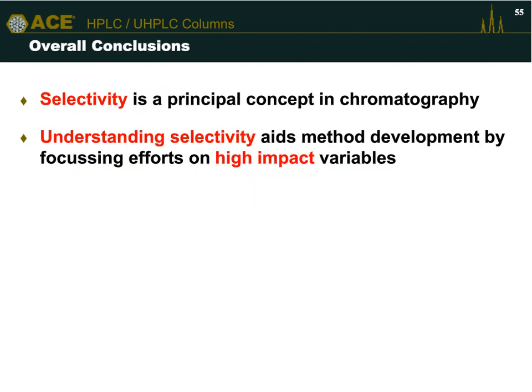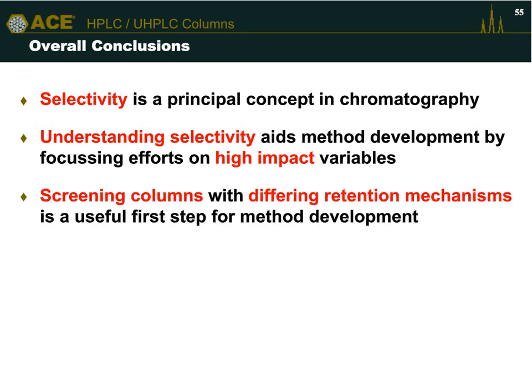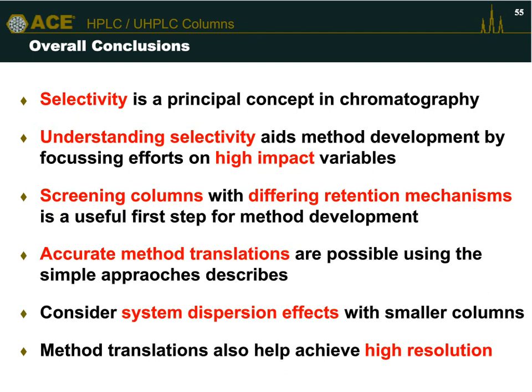So just to finish that up now, because I'm a few minutes later than I'd hoped to be, hopefully you've heard selectivity is the key in chromatography. Understanding selectivity can be very powerful. It helps you with your method development, helps you achieve your goal faster. Screening columns with different retention mechanisms exploits selectivity and helps you achieve your method faster.